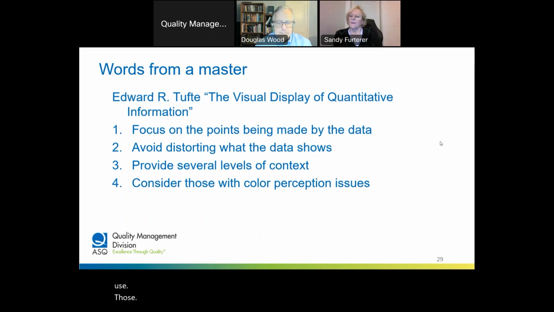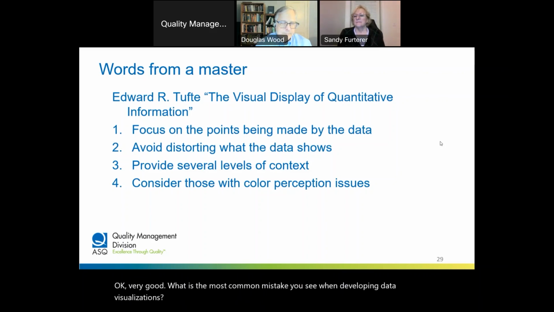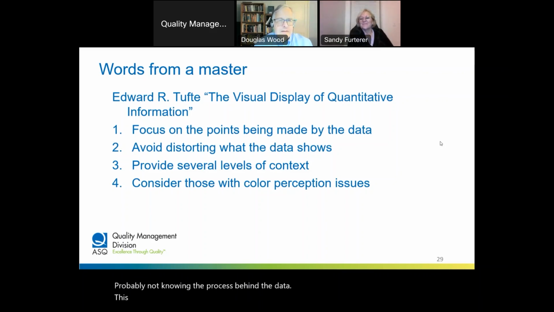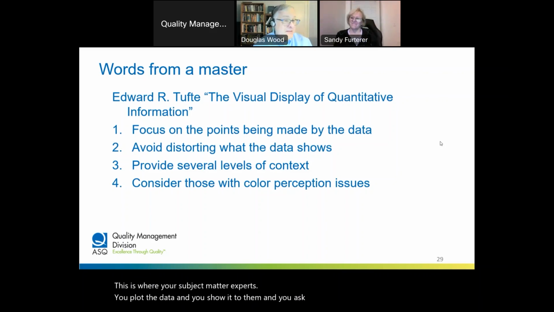Okay. Very quickly, what is the most common mistake you see when developing data visualizations? Probably not knowing the process behind the data. This is where your subject matter experts come in. You plot the data and you show it to them, and you ask them, what do you see here?